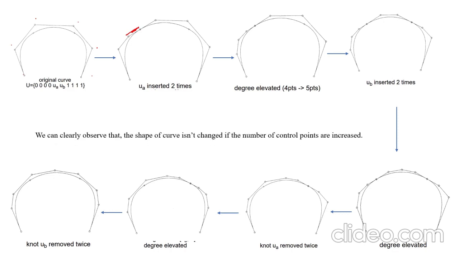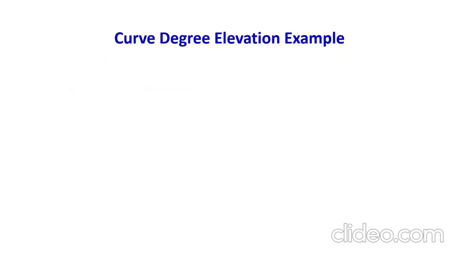So from this example we can clearly observe that the shape of the curve is not changed even if the number of control points is increased. This is an example of curve degree elevation.